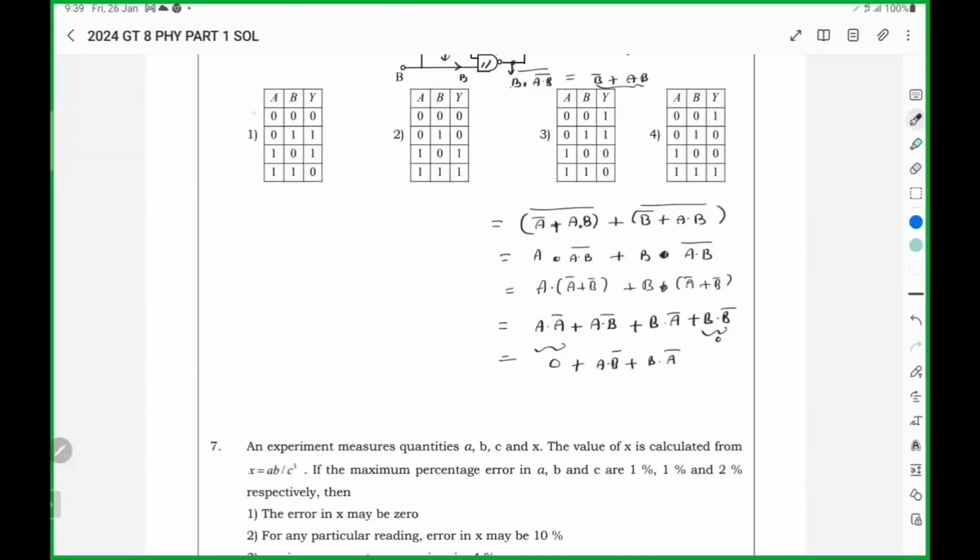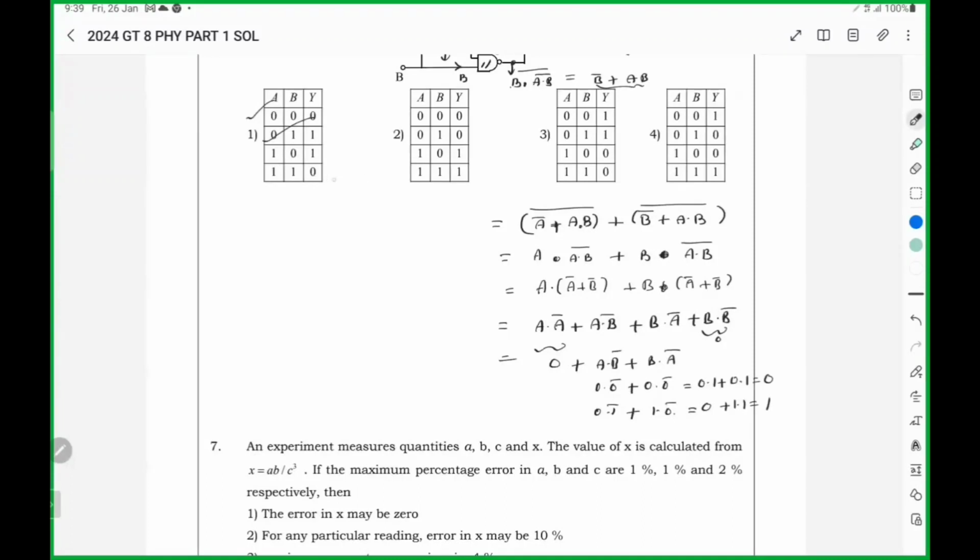So suppose you take the first option, 0 0 complement, 0 0 complement, you get 0. Second option, 0 1 complement, 1 0 complement, 1 complement is 0, 0 complement is 1, you get 1. Like that, the remaining two options you check.